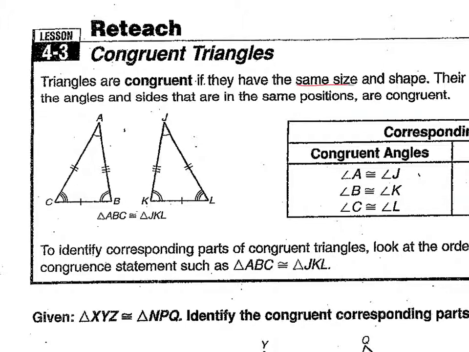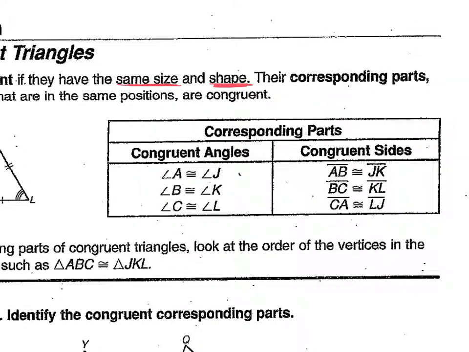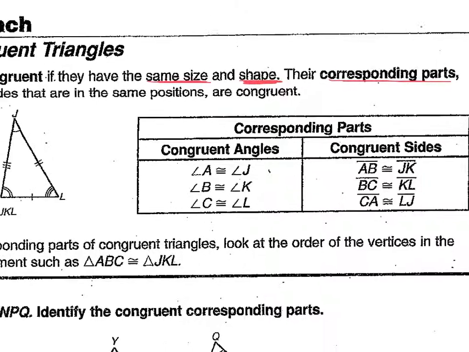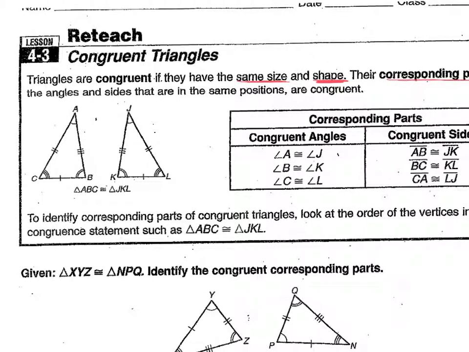So they're congruent if they have the same size and the same shape. Their corresponding parts, the angles and sides, are in the same position and they're congruent.